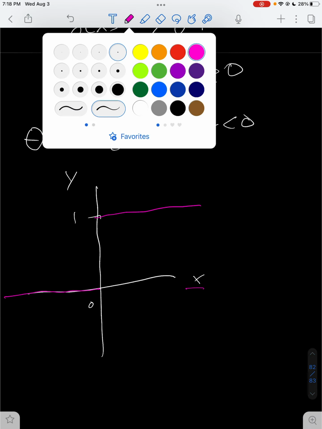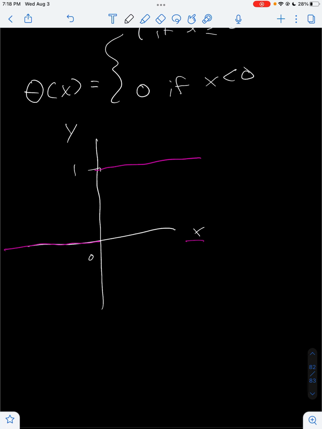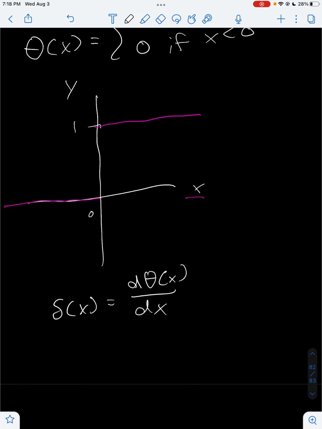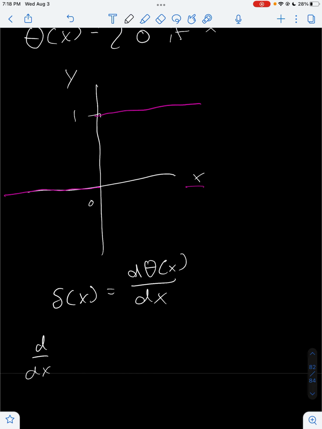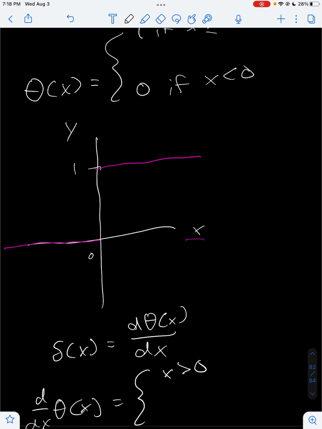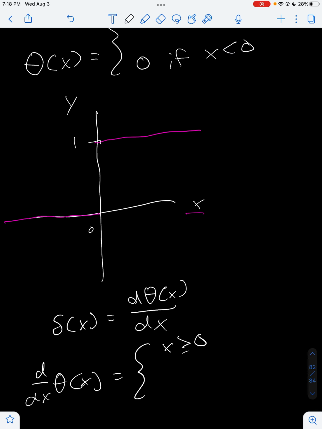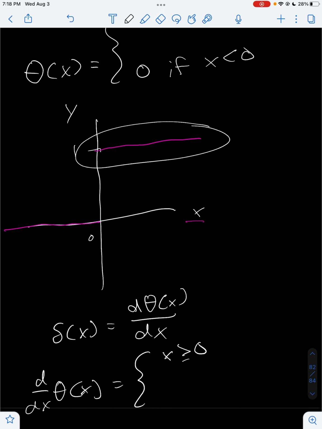And a cool property, which is not that relevant for our video, but still a cool property, is that the delta function can be said to be the derivative of the Heaviside function. And we can see this because, if you think about it this way, what's the derivative of the Heaviside function, d over dx? Well, if x is greater than 0, if it's positive, then the function is equal to 1, right?